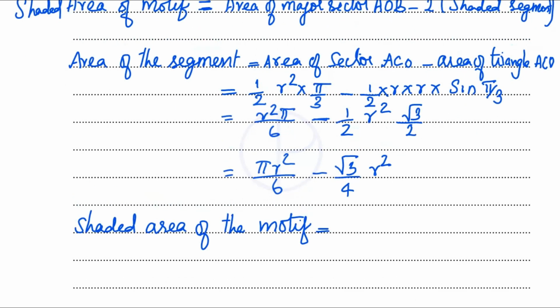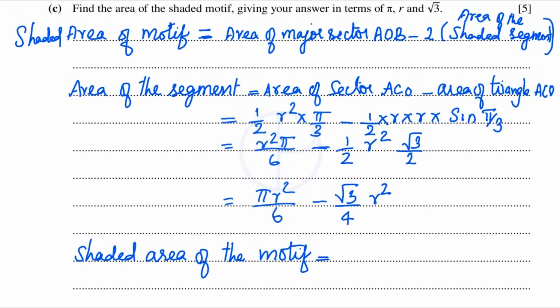This is equal to the area of the major sector AOB, which is 1 over 2 r squared, and the angle is 2 pi minus 2 over 3 pi.